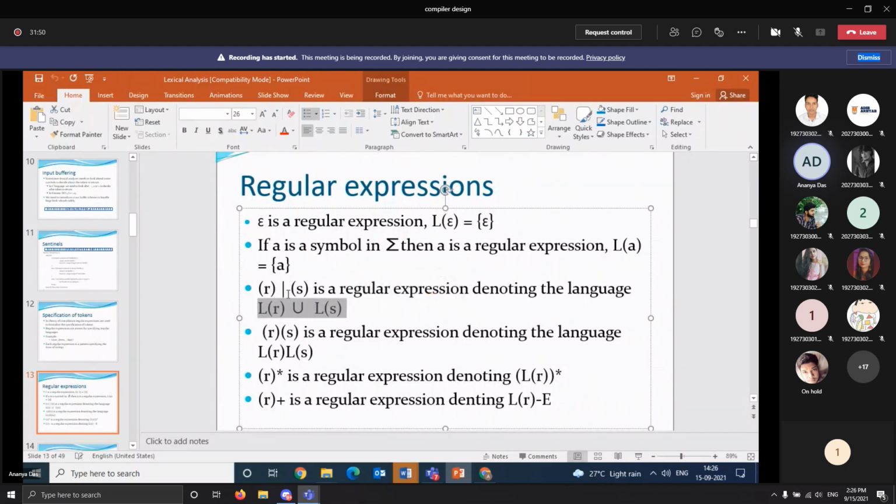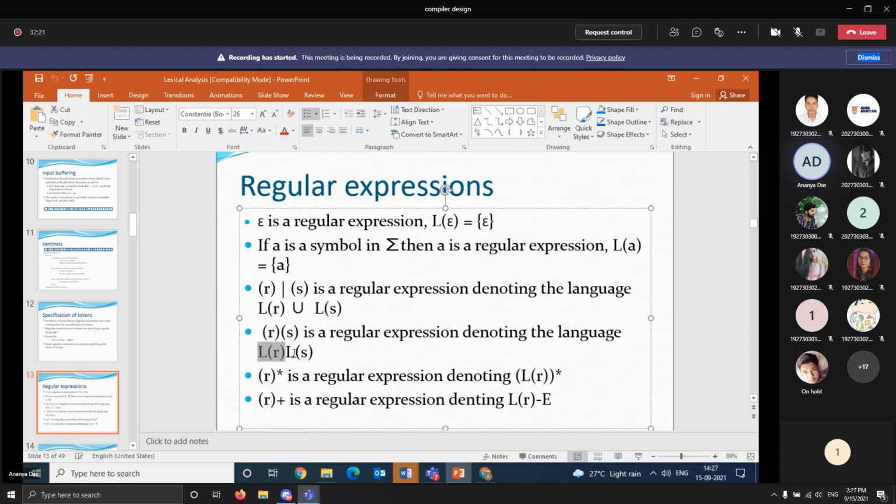Okay, so R oblique S means if you are specifying using this regular expression R and you are implementing them in your language L, then L of R union L of S is the resulting value that you are going to support. Okay, so union means either there will be a single occurrence of R or there will be a single occurrence of S, not both. Okay.